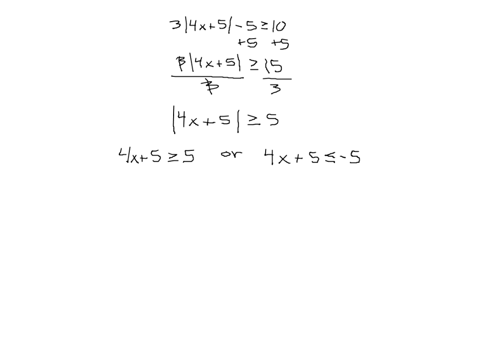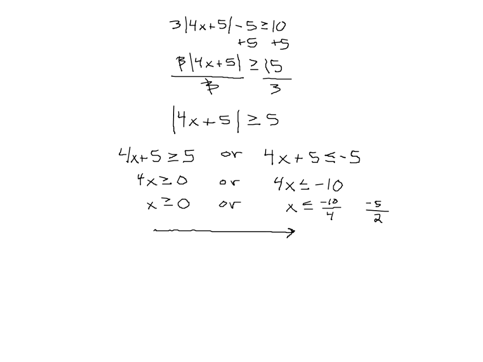And now solve. So I will subtract 5 from both sides. Divide both sides by 4. 0 divided by 4 is 0. Negative 10 over 4 will reduce to negative 5 halves.